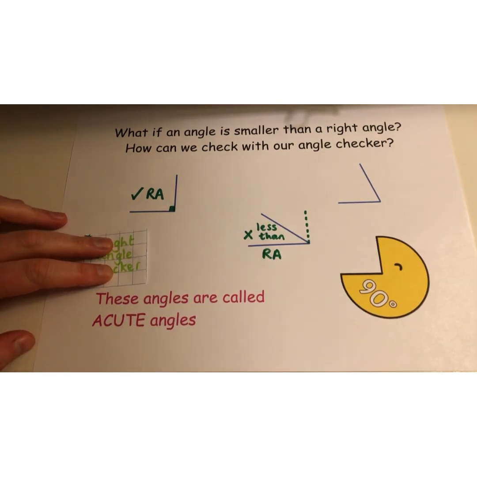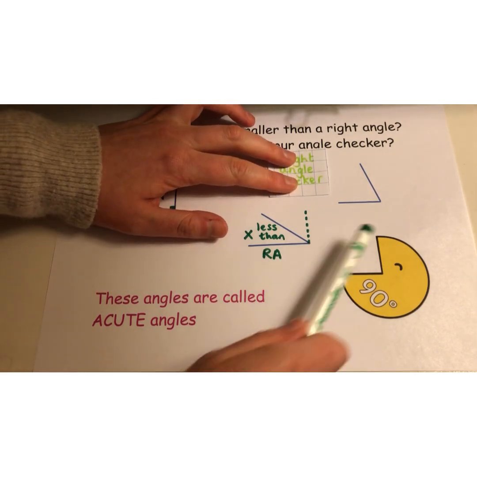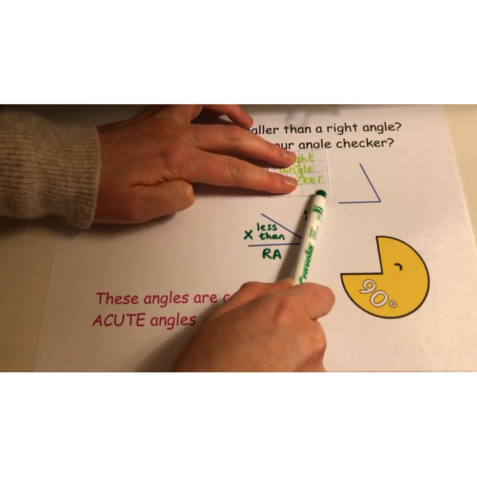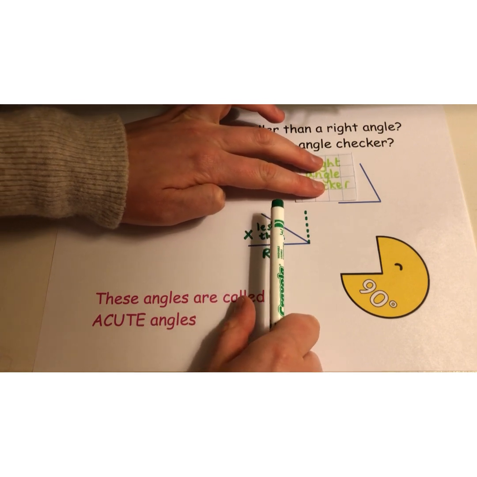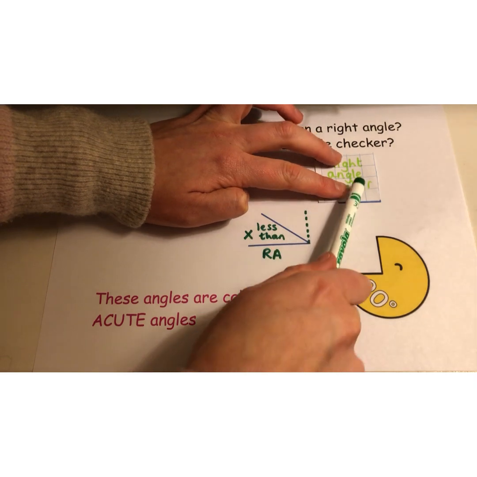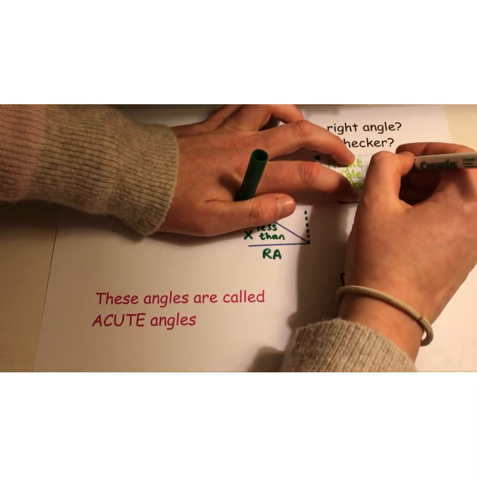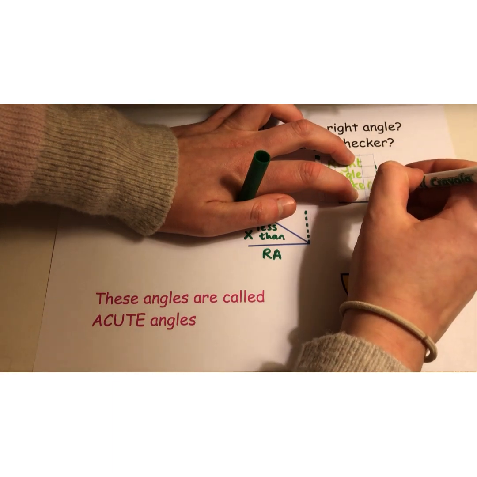Let's check this one. You could make a prediction. Do you think it's going to be a right angle? Do you think it's going to be less than a right angle? Let's use our right angle checker to see. So there's the corner. Here's the corner on my right angle checker. I'm going to slide it in line with that horizontal line. There it goes. Now, if it was a right angle, I would see a line just here.